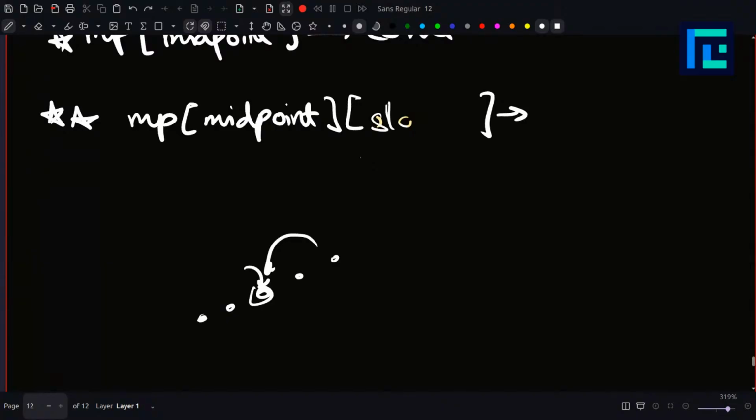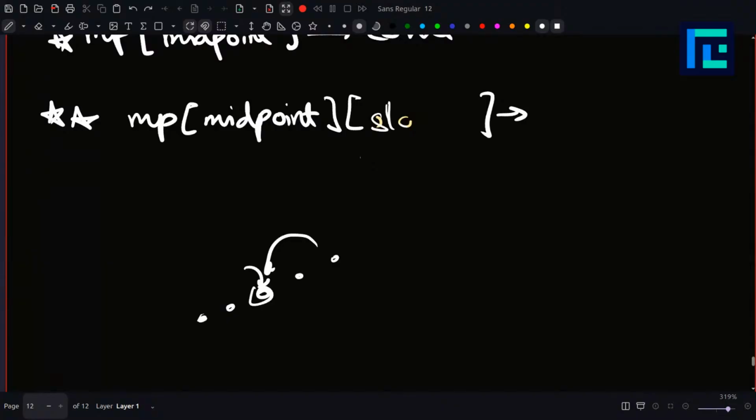So the idea basically goes, given some 4 points, right? If these 2 points have a specific midpoint M, and these 2 points also have a specific midpoint M, if these two coincide, then we can say that the number of parallelograms is equal to the number of coinciding midpoints.